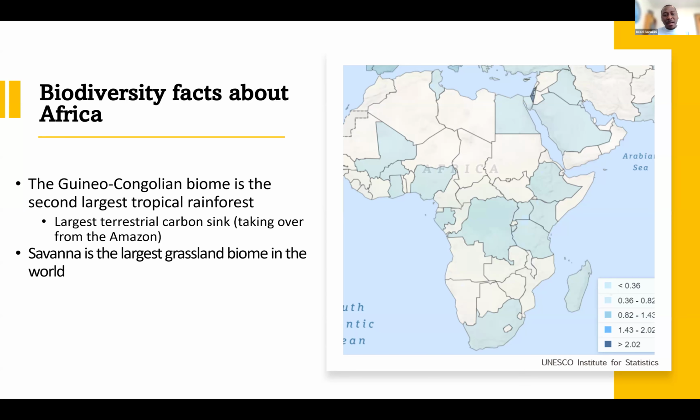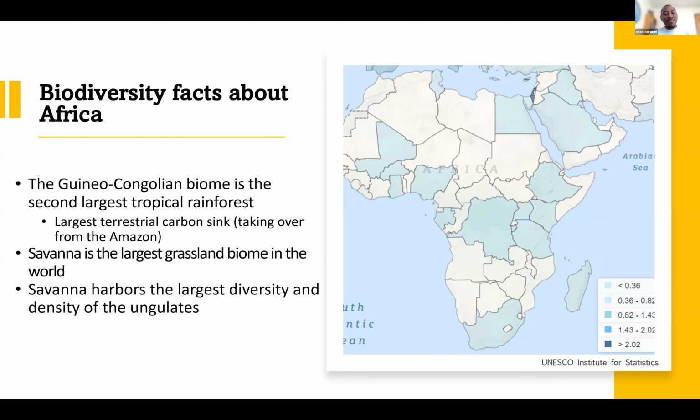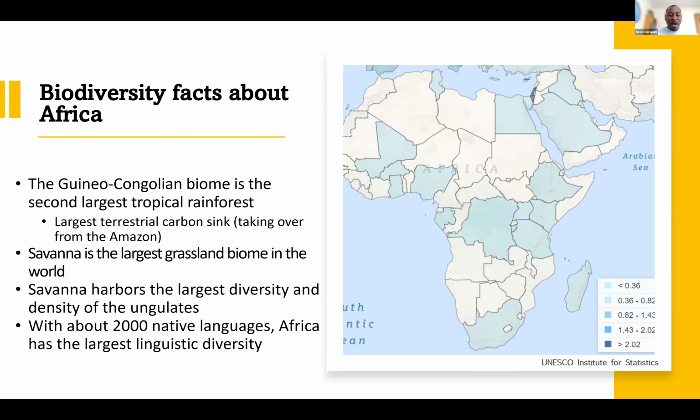The African savanna is the largest grassland biome in the world and also holds the largest diversity of ungulates as well. I mean, you've seen a lot of pictures, and some of you may have visited the safaris to see all the various mammals there. And with about 2,000 native languages, Africa has the largest linguistic diversity in the world as well.